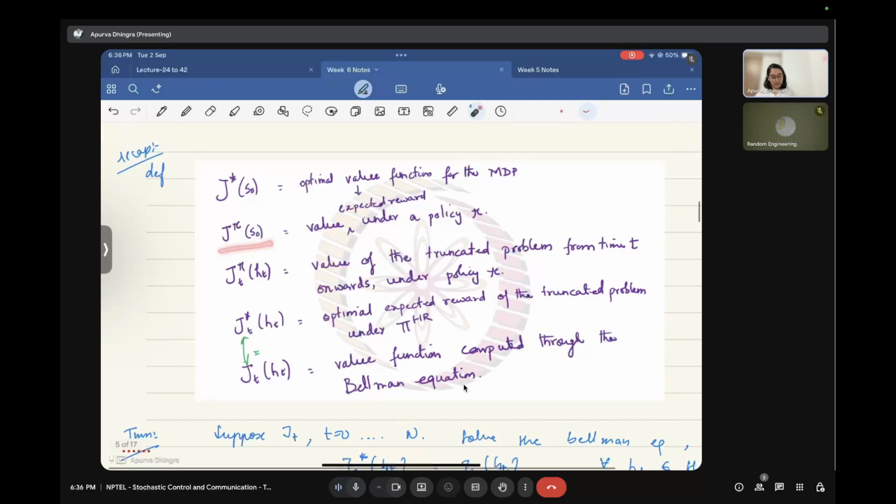This guy is the value for a policy pi. Here, the optimal policy would have been already found out. Again, remember this is from time 0 till n minus 1, so it's the whole range. This has everything. This is the DP version of this guy.